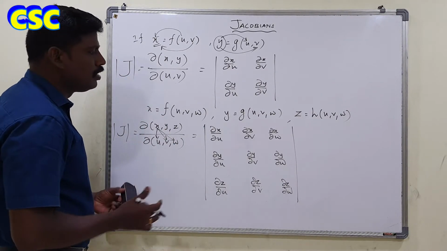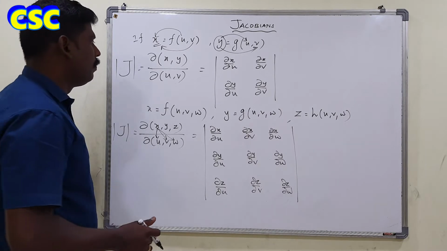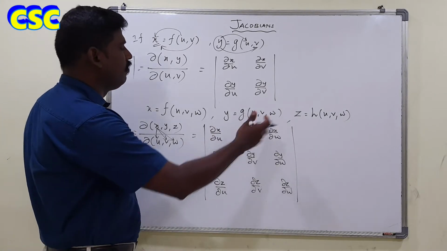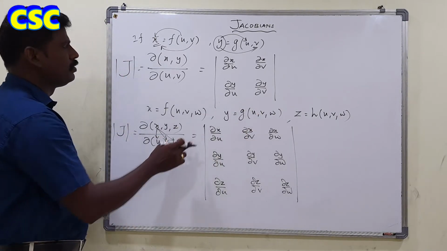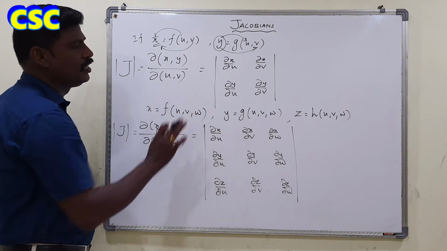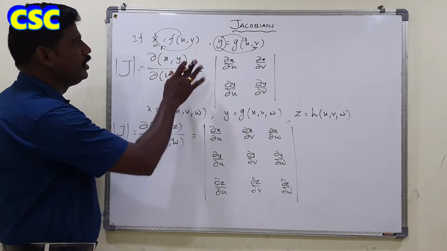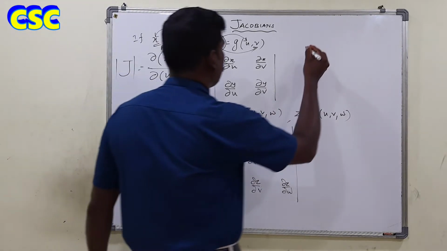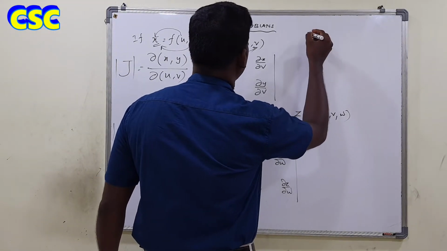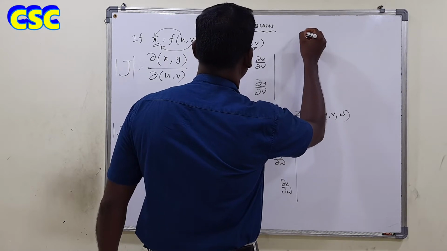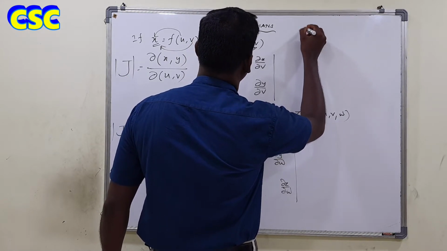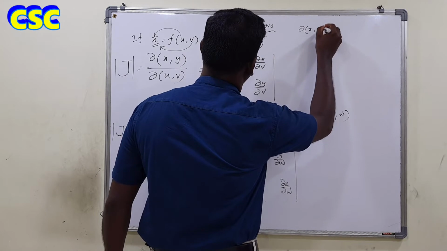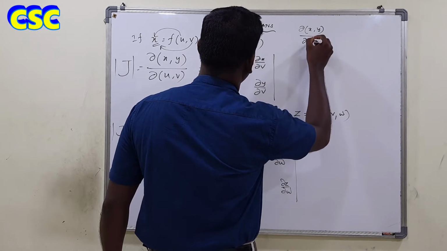Similarly, we can extend the concept to several variables, for example n variables, but almost always we use only 2 or 3 variables here, so these two concepts are enough. One more concept: the Jacobian dou of x comma y by dou of u comma v.